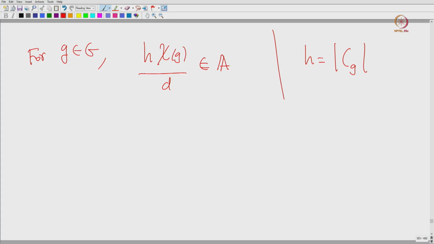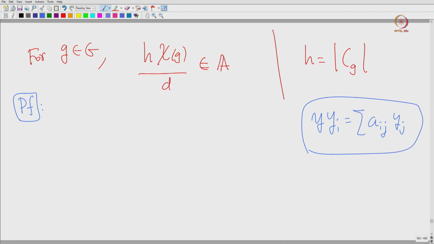So, here is the proof. The proof actually is ingenious. It uses some operators that you can define using the representation, and in particular they are G-invariant maps. We can use those operators to get some relations among them, involving equations that we have seen before, like y_i equals the summation of a_ij y_j.